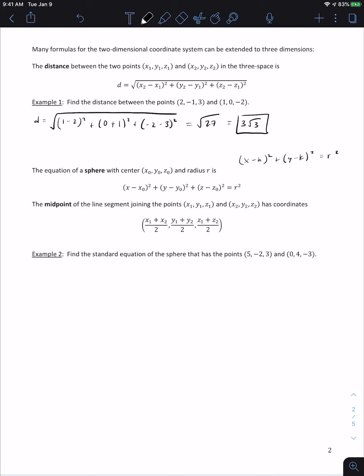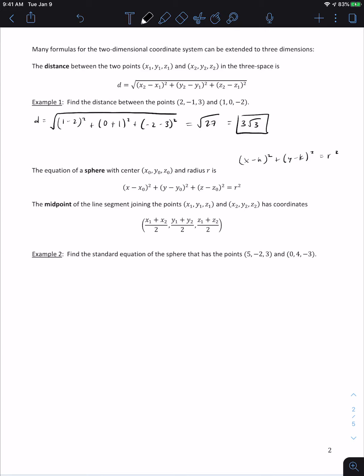And so if we have a sphere, this time centered at x sub 0, y sub 0, z sub 0, and radius r, it looks the exact same, where I have the x minus the x value of the center squared, plus y minus the y component of the center squared, and then I just do the z minus the z component of the center squared equals r squared. And then the midpoint formula, again, we're familiar with the midpoint formula from way back when in the 2 space, and it looks exactly the same. You just add, again, the z component on there.